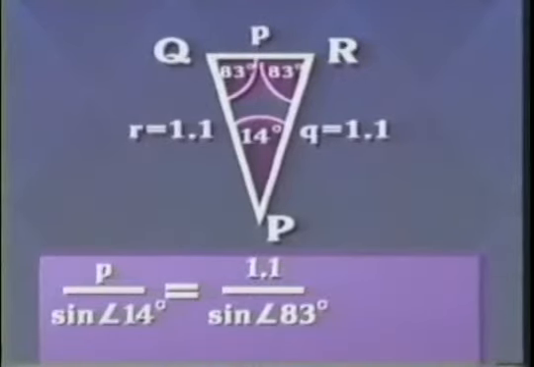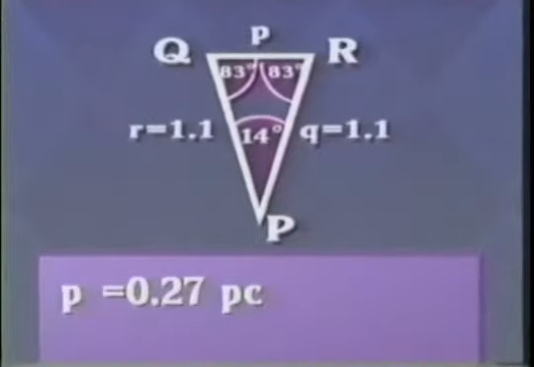Now we have opposite information and can use the sine law to solve for side P. We can rewrite the sine law equation using P, Q, and R. Using the PQ portion of the equation, side P is the only unknown. Of course, solving this equation confirms that the value of side P is indeed 0.27 parsecs.